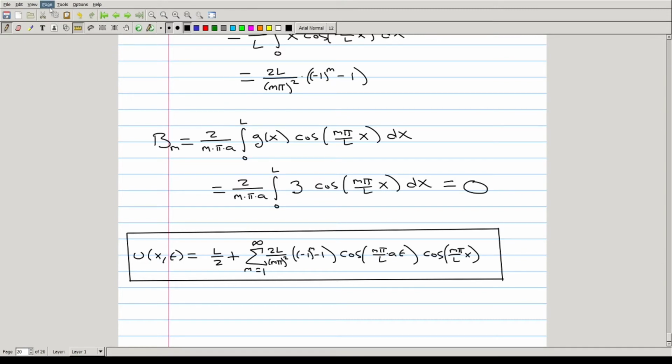So for the 2D wave equation, we have to consider the following equation.